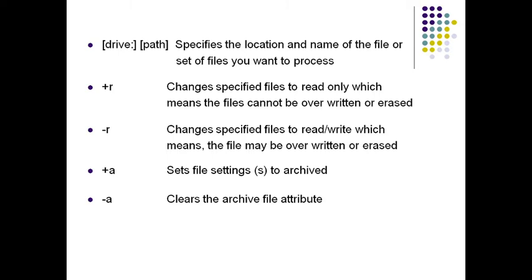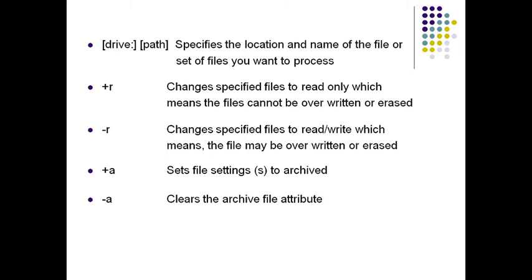Minus R changes specified files to read/write, which means the file may be overwritten or erased. Plus R means you can only read it. Minus R means you can read it and write it, so you can make changes in the file.